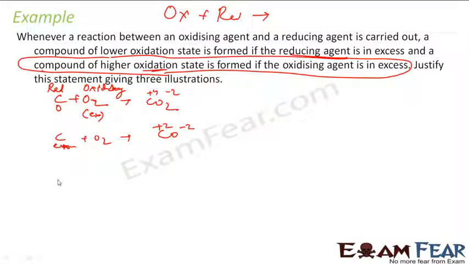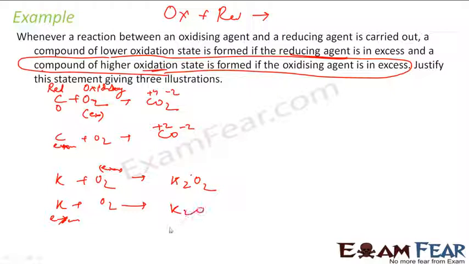We can take example of potassium and oxygen. Same thing. If you put oxygen in excess, right, you get K2O2, and if you put potassium in excess, you get K2O. In this case, this is -2, this becomes +1.